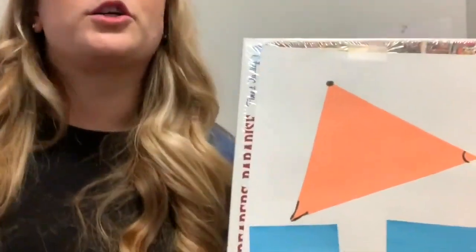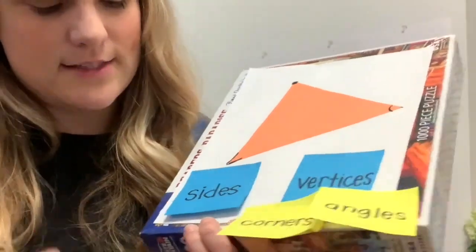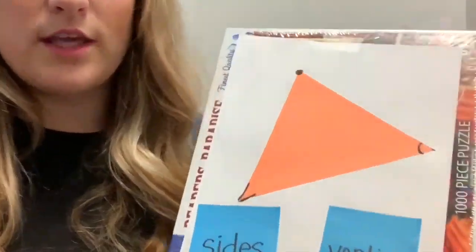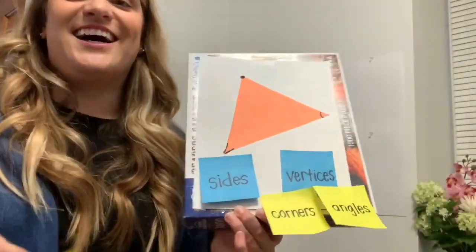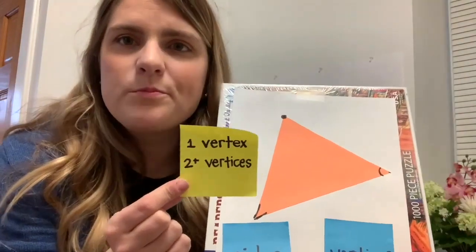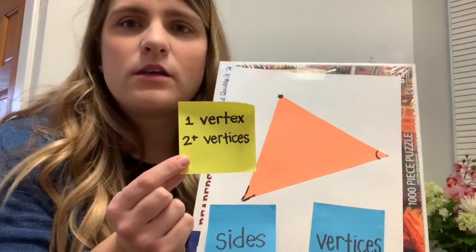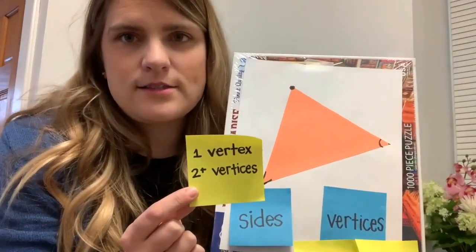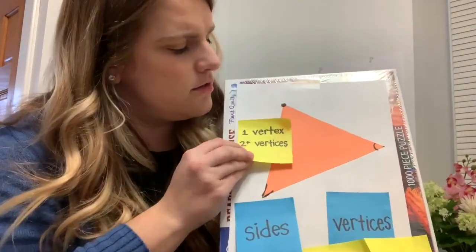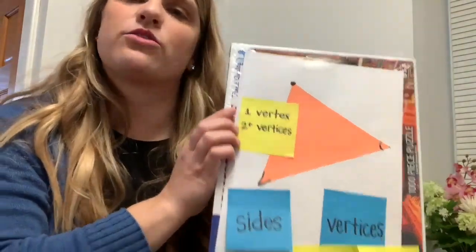So they're all fancy math terms, but we're gonna refer to them as vertices. Now, one more thing I wanna tell you is that when there's just one, it's called a vertex. But when there's more than one, they're called vertices. Okay, so for a triangle, a defining attribute is that it has 3 vertices.